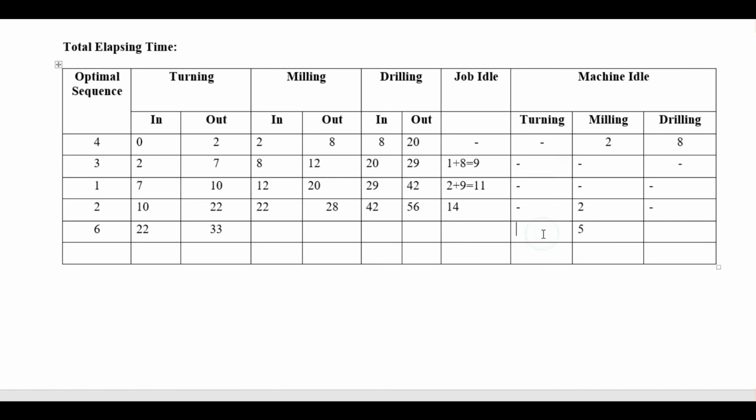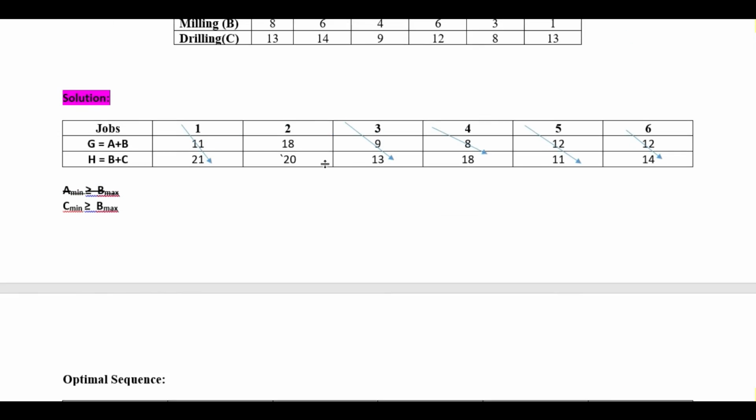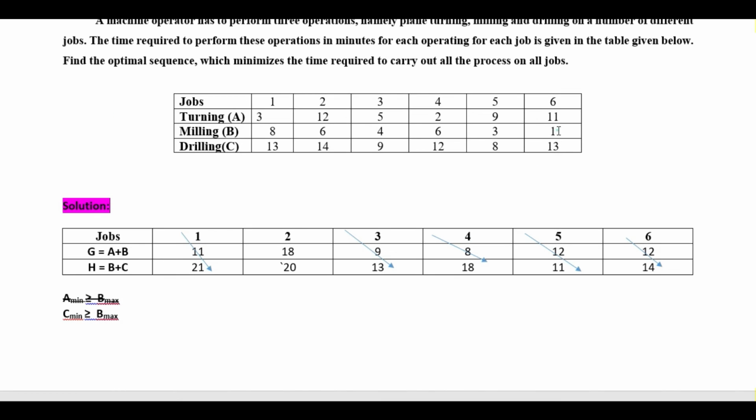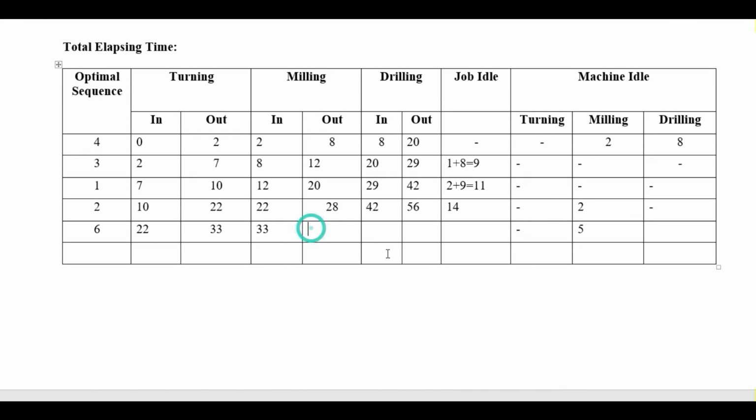Okay, so the job can be loaded after 33 minutes. Then the processing time for the sixth job will be 1 minute, so this is ready at the 34th minute. But in the drilling operation of the previous case, the drilling operation is ongoing up to the 56th minute, so it can be loaded after the 56th minute.